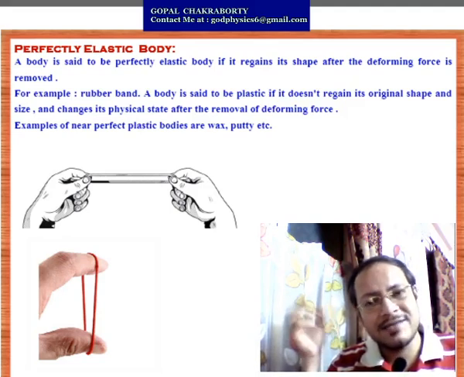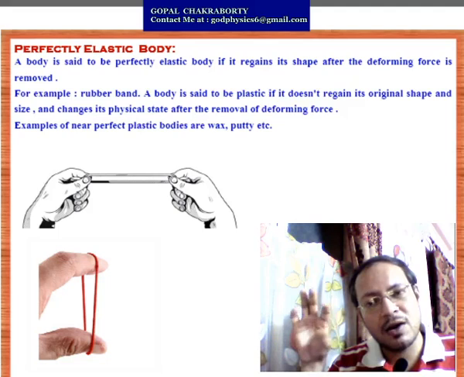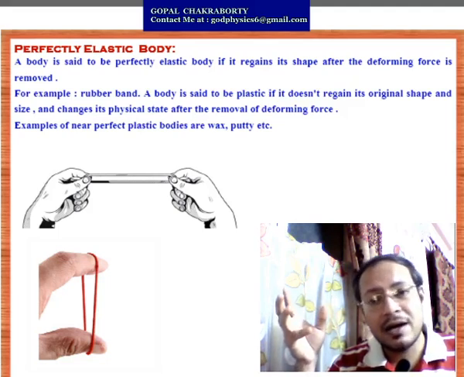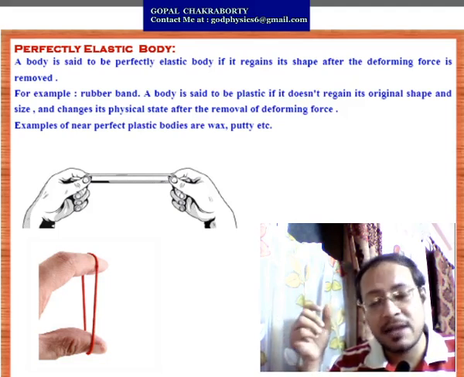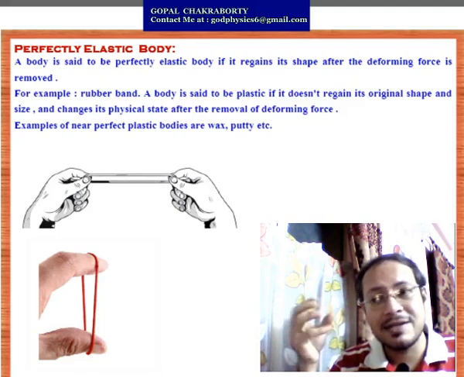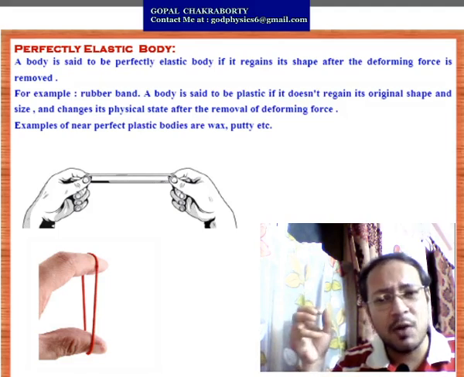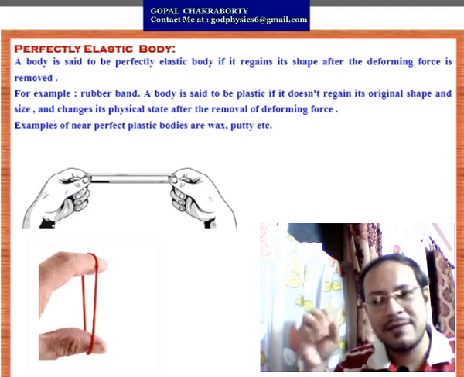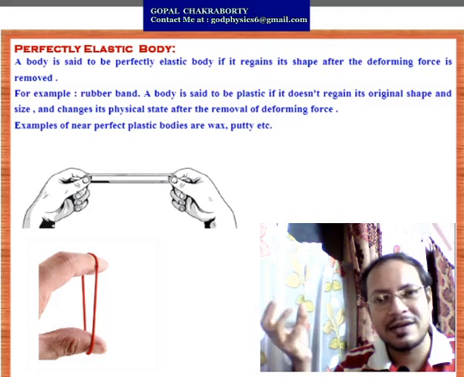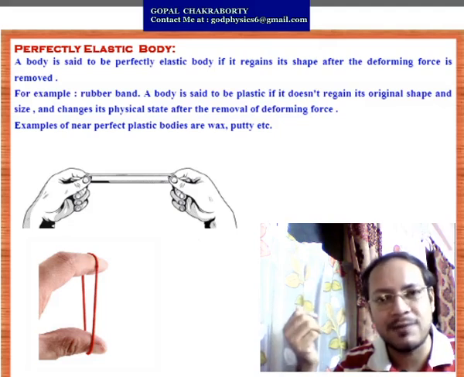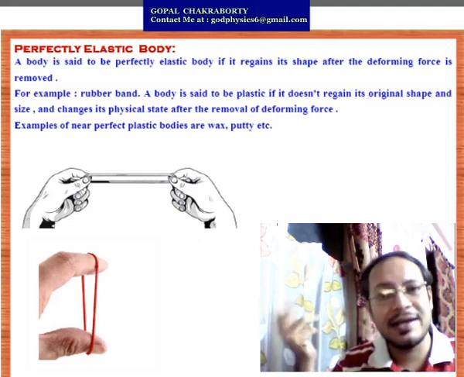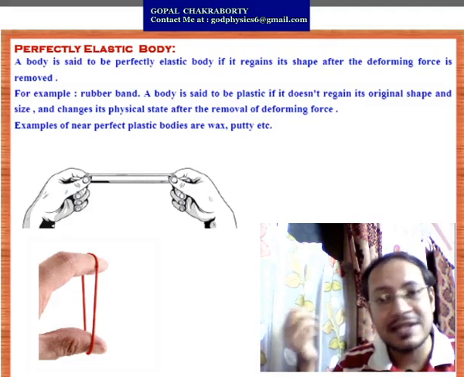In the case of some bodies, it will completely regain its actual size and shape. In some cases, say a soft plastic ball, if you deform it by applying some external force and then release it, it will be partially deformed; it cannot regain its actual size and shape.